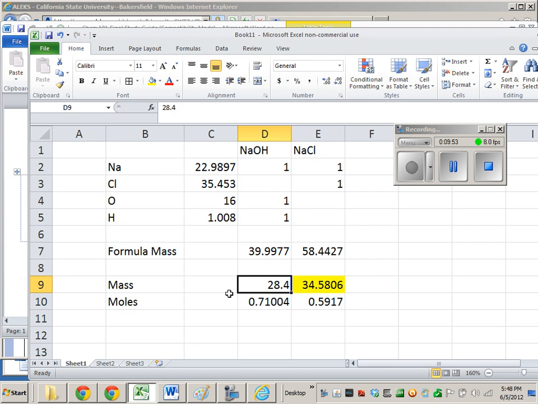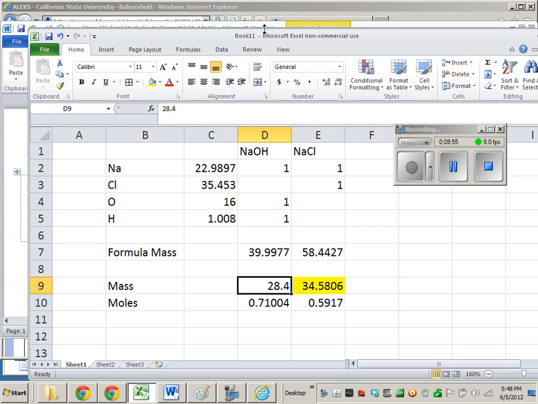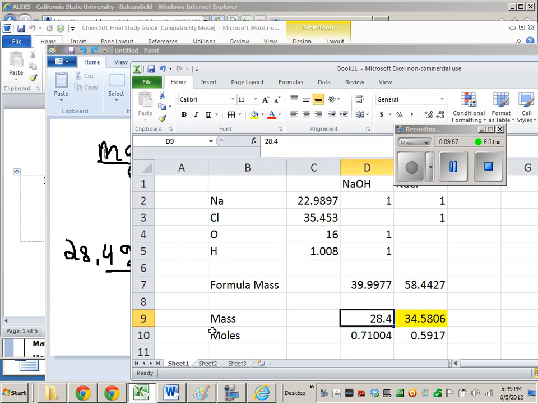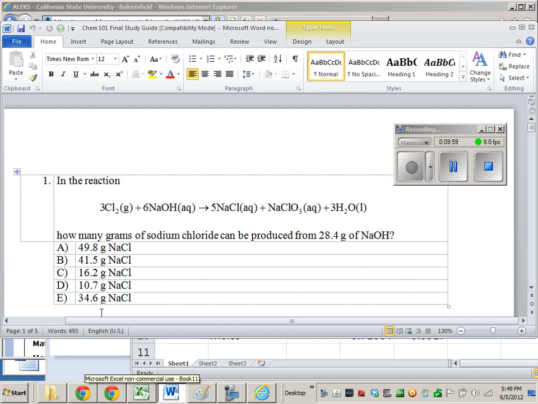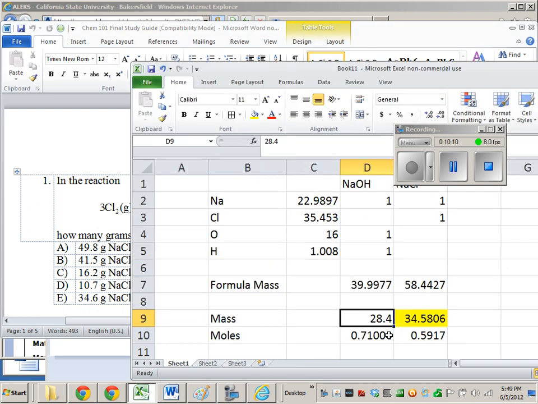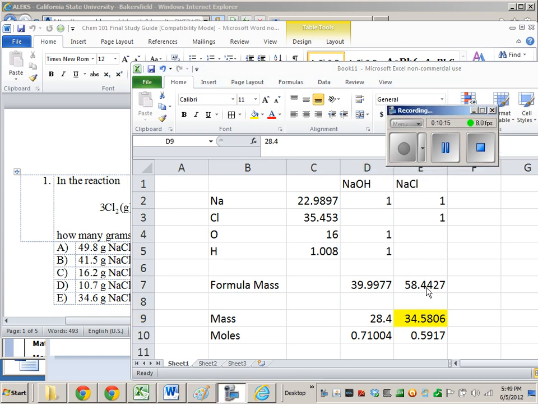If I had to eyeball this stuff and look at the answer choices, we have lots of different answer choices. The moles of NaCl that result are almost as many as the moles of NaOH that we put in, and the mass of NaCl is greater than the mass of NaOH.